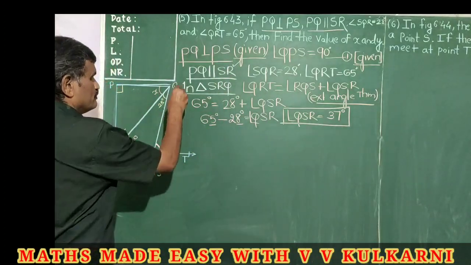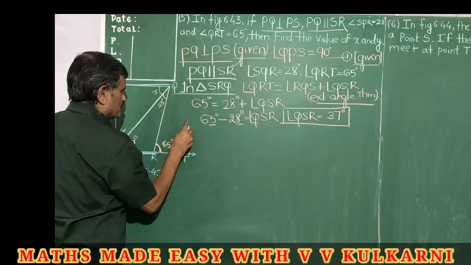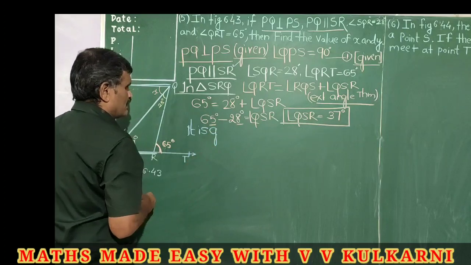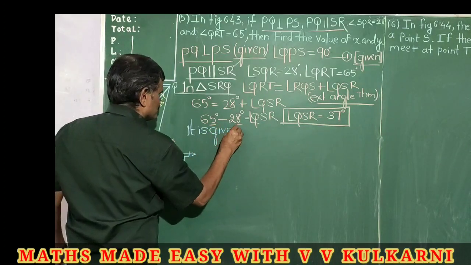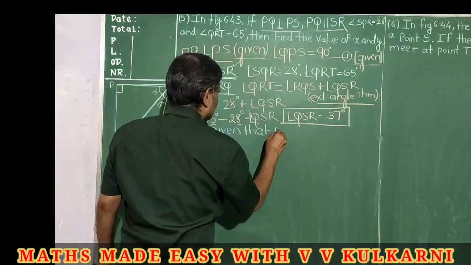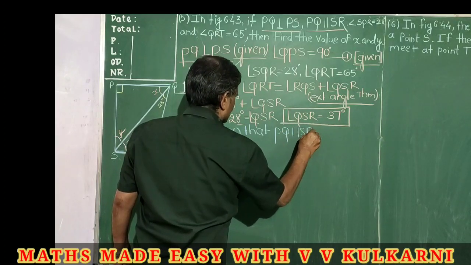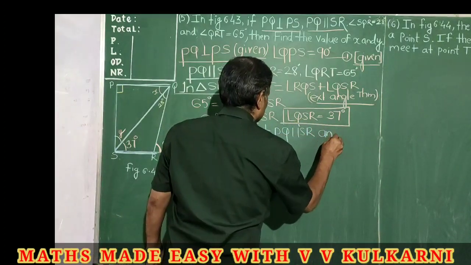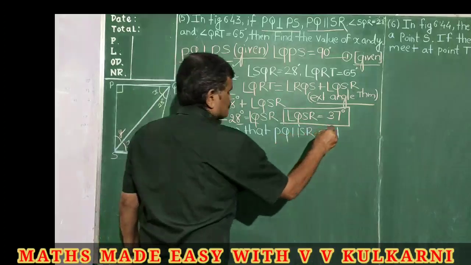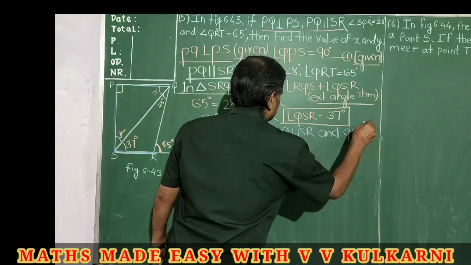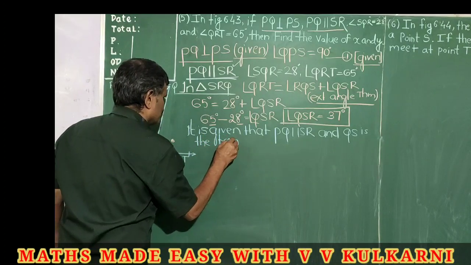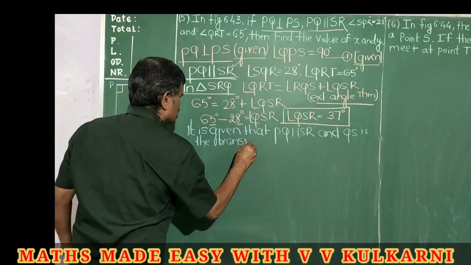The second hint that is given to me is, it is given that PQ is parallel to SR and QS is the transversal.